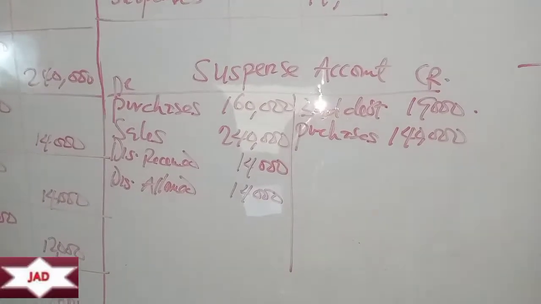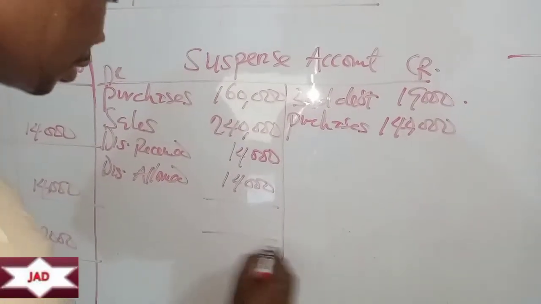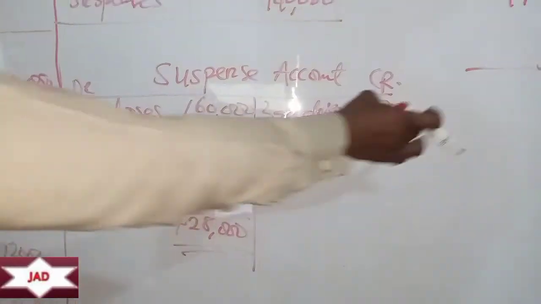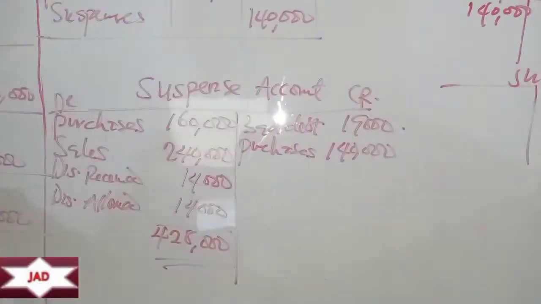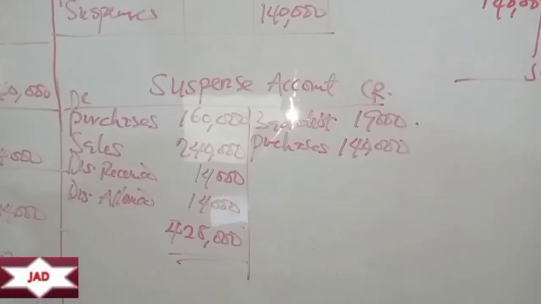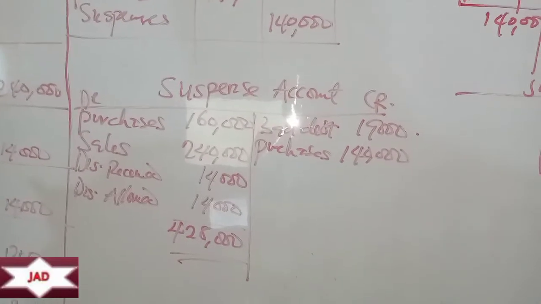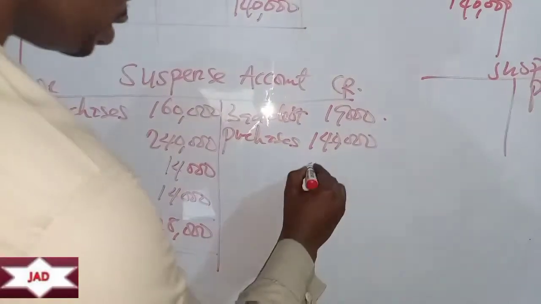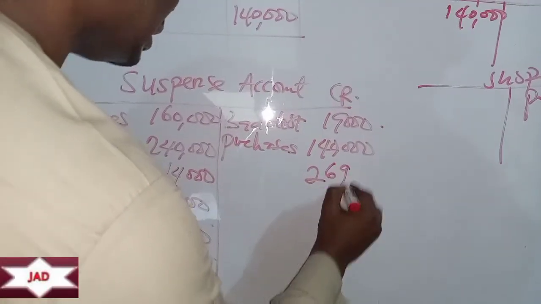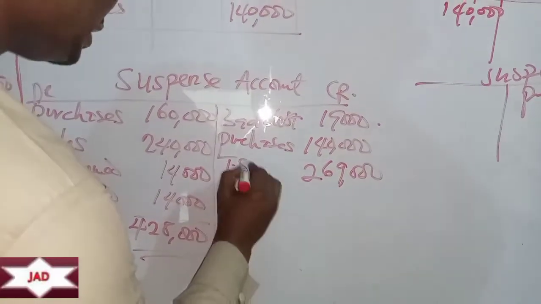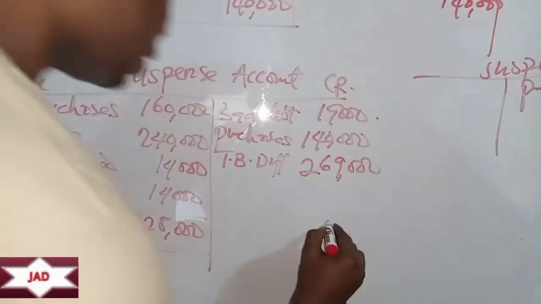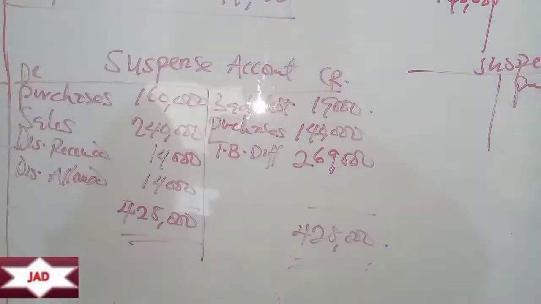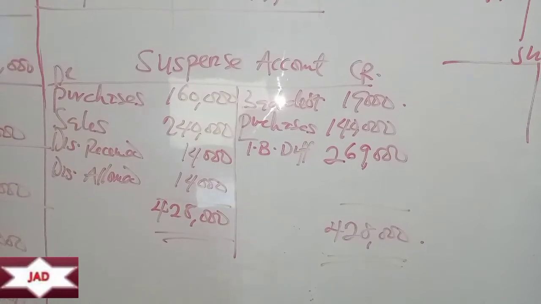So what do we have there? 428,000. So you take out 19,000, take out 140,000. So 428,000 minus 19,000 minus 140,000, we have 269,000. So this is what we call the trial balance difference. So both are now equal to 428,000.